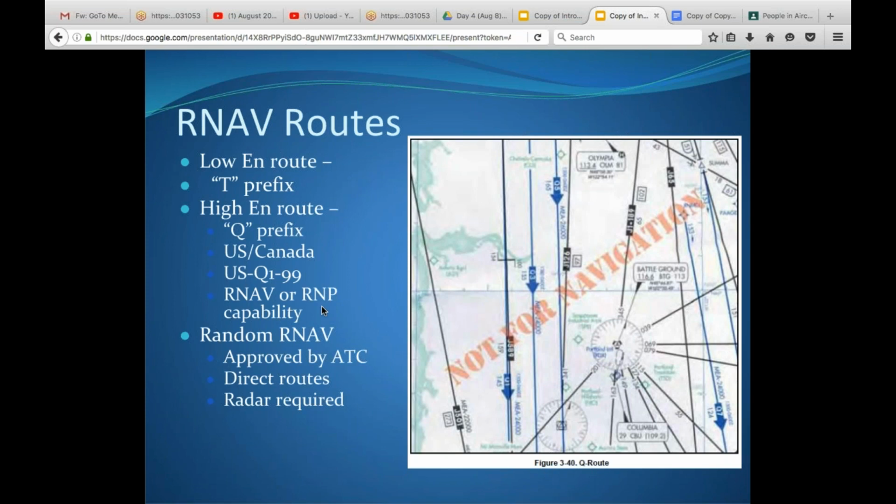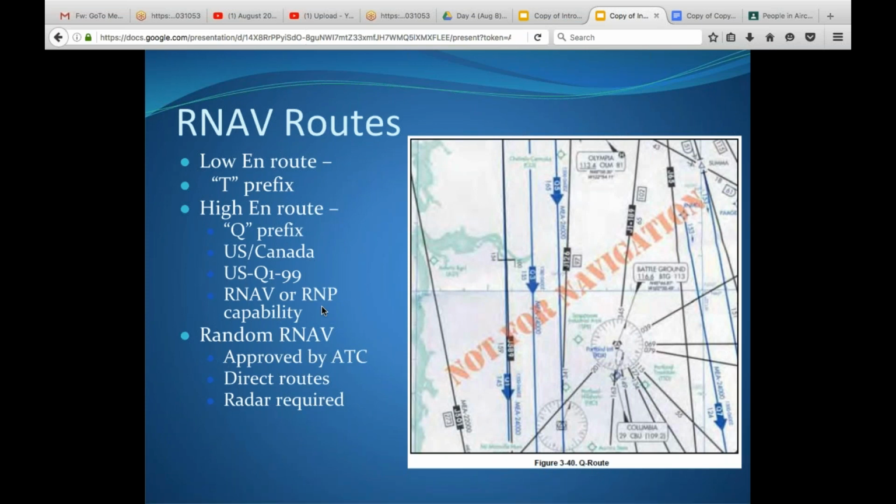Yeah, so basically there's no difference between the two routes, other than the navigational equipment that the pilot is using. So we keep talking about this ground-based navigation, those little VORs that you saw on the last slide. Those are going to be your jet routes and your Victor Airways, okay?